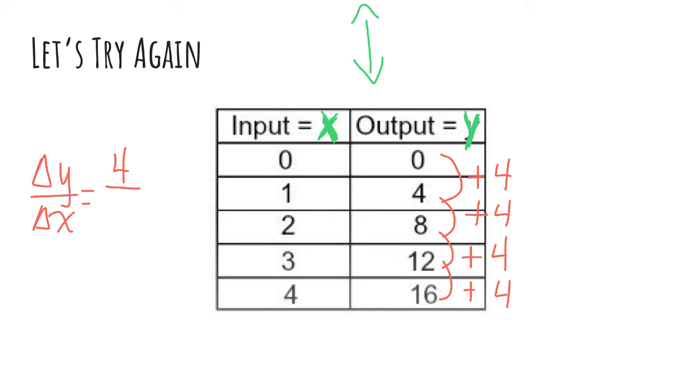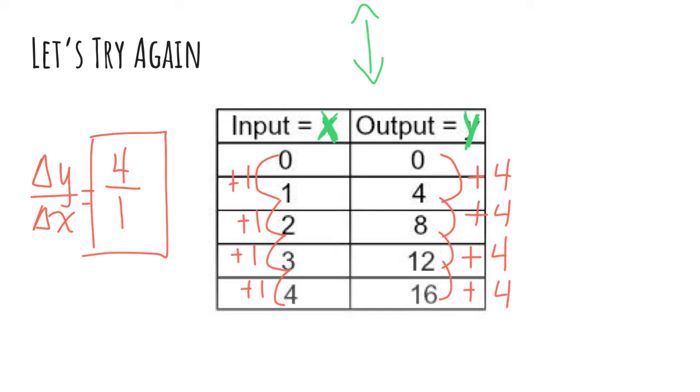On the x side, I went up 1, went up another 1, added another 1, added another 1. Looks like the change in x is going up by 1 each time. I have a unit rate, I have a number on the top and a number on the bottom. I believe my constant of proportionality is 4 to 1, but we'll graph that and make sure.